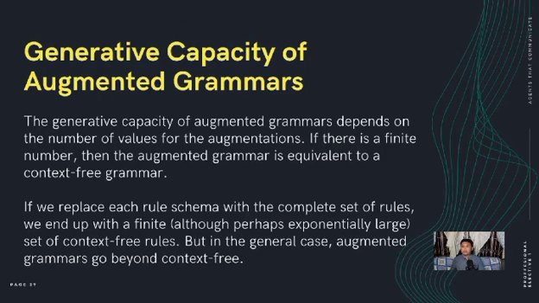If we replace each rule schema with a complete set of rules, then we may end up with a finite, although perhaps exponentially large, set of context-free rules. But in the general case, augmented grammars go beyond context-free. To see this, consider each augmented rule as a rule schema.